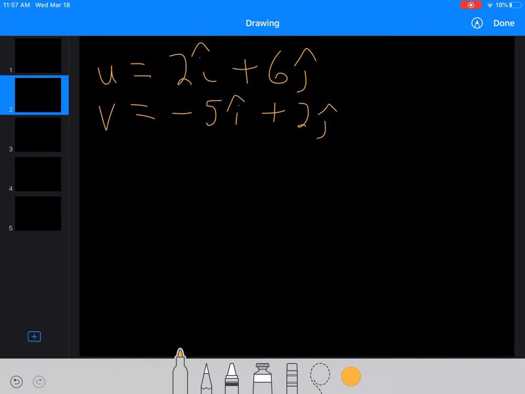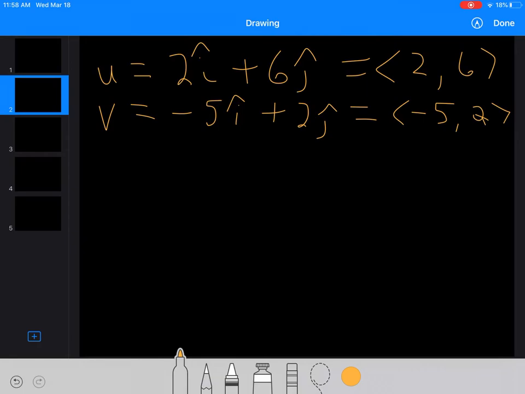So I'm going to just change this over to component form now. 2 and 6. And that will be negative 5 and 2. All right.